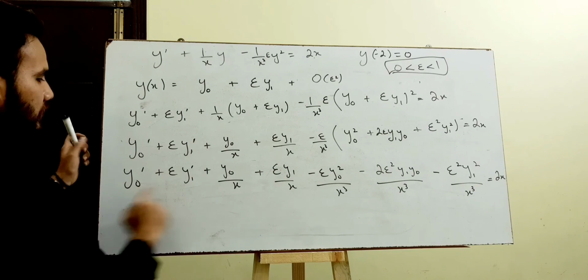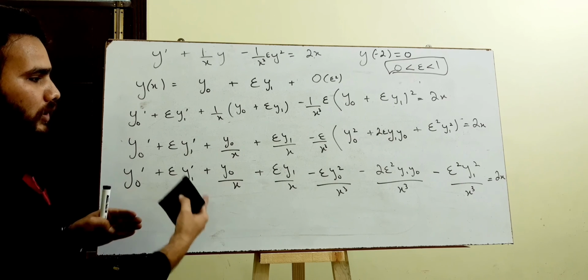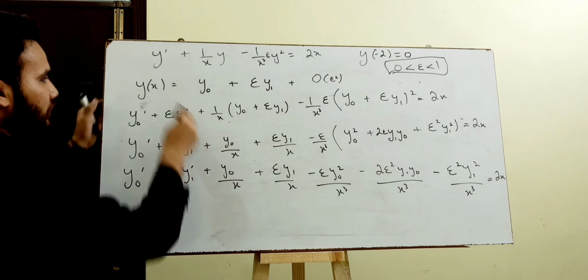So now we need the corresponding equations of epsilon order 0, epsilon order 1 and epsilon order square.